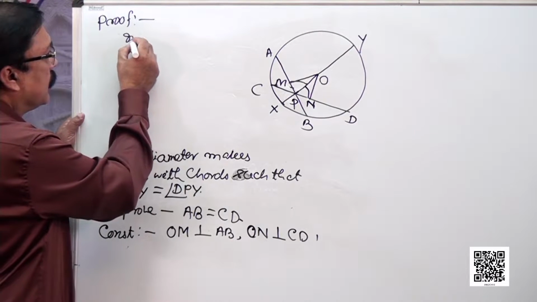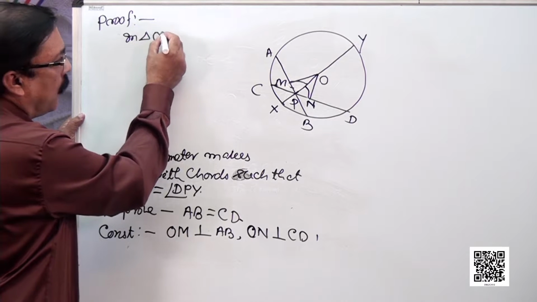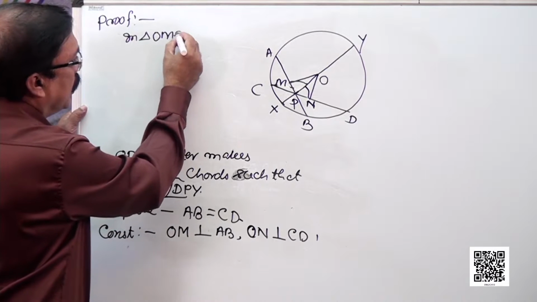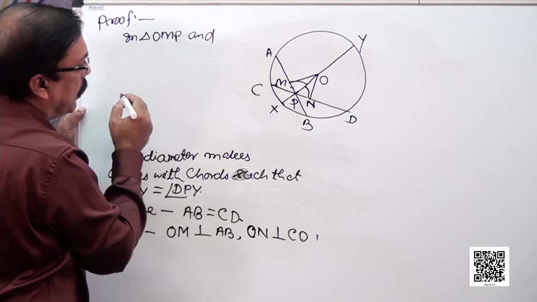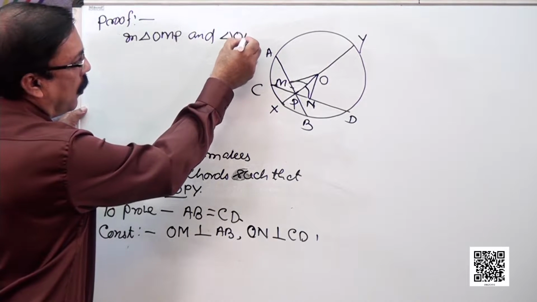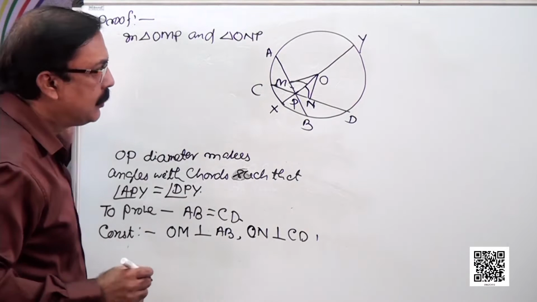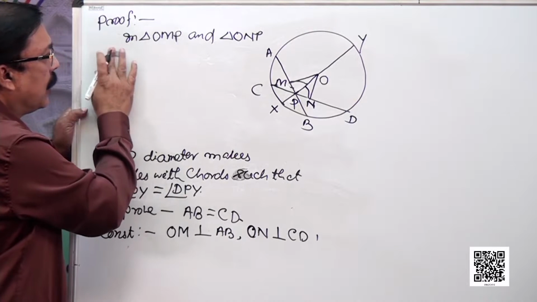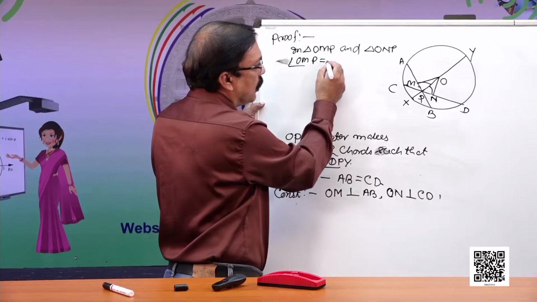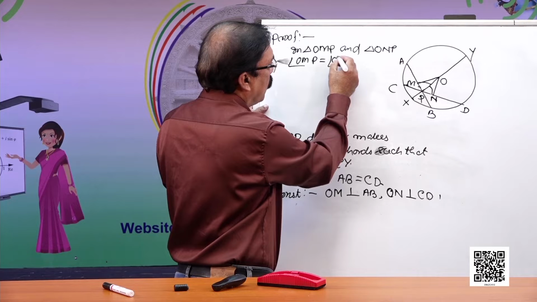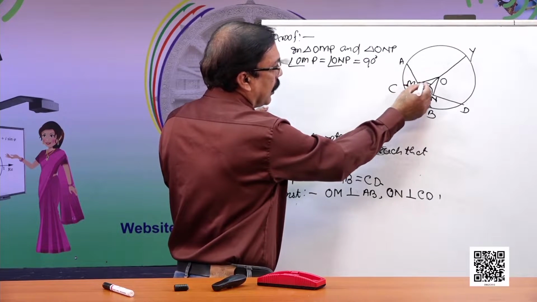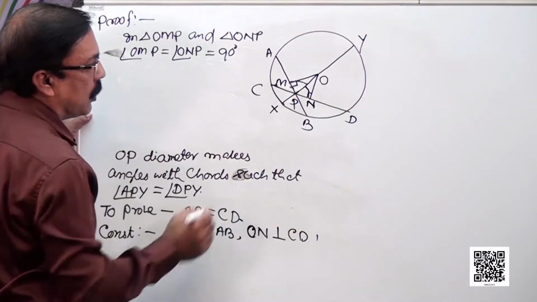In triangle OMP and triangle ONP, what are equal? Given that angle OMP is equal to angle ONP equal to 90 degree, as these are perpendiculars drawn.